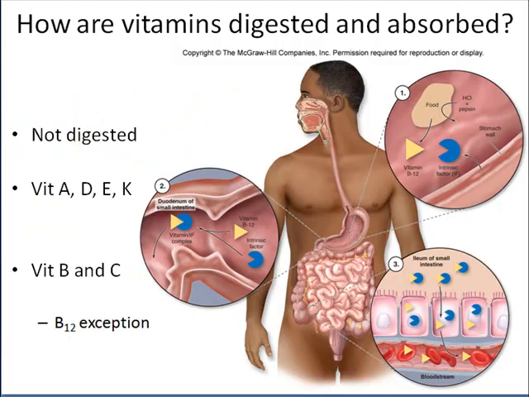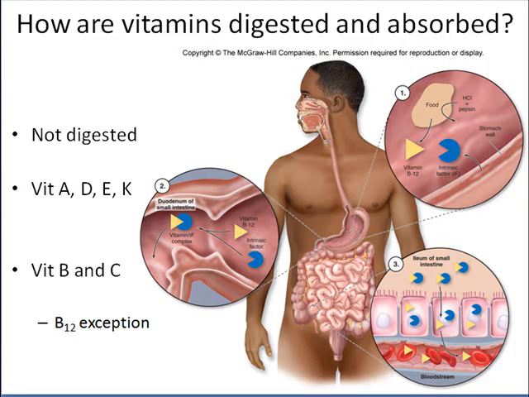The last thing I want to discuss very briefly is vitamin digestion and absorption. Now, remember that I told you at the very beginning of all of the digestion lectures that vitamins, for the most part, are relatively small molecules, and so chemical digestion really isn't necessary. We do still have to do some mechanical digestion just to get small enough globs of food that the vitamins can then be readily absorbed.